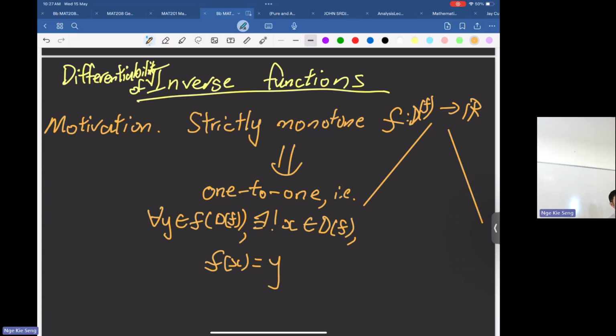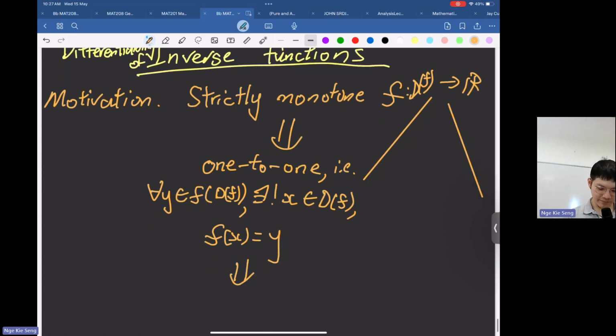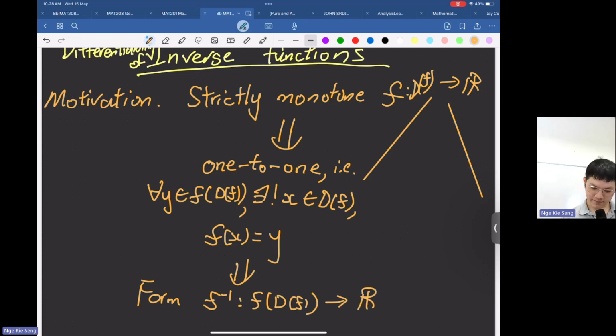So why is this good? For any one y, I got only one x. Then I can form a function backward. So we can form f inverse from the image of f to the domain.